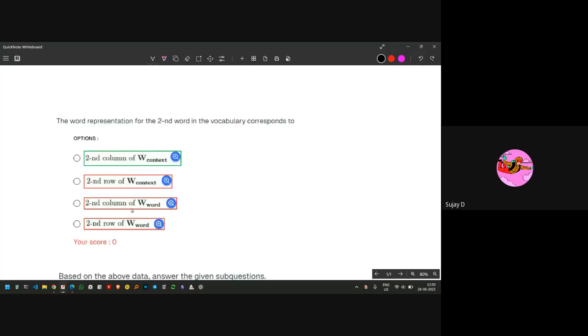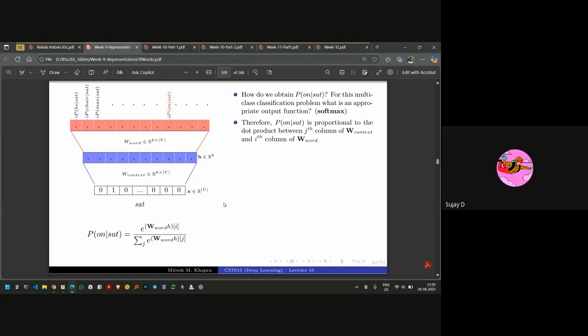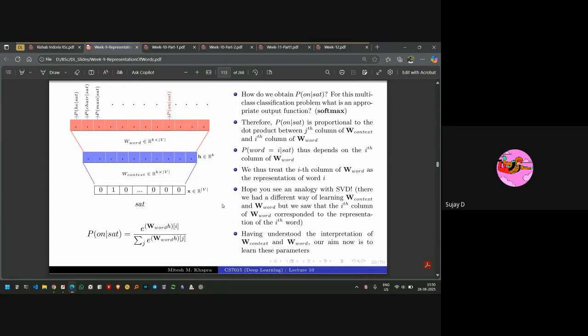And why not the second column of the W word? Okay, that I will answer here. The probability depends on the W word matrix, and the embedding depends on the W context.